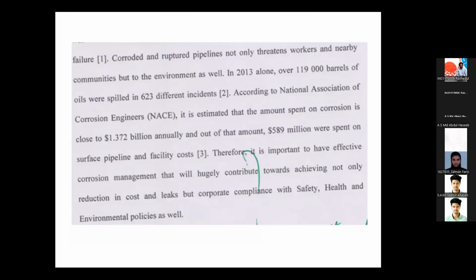The next part. The next part, you read it.